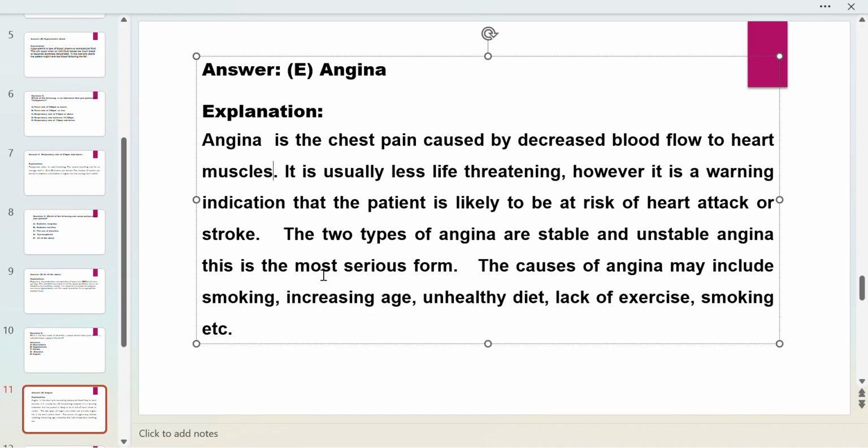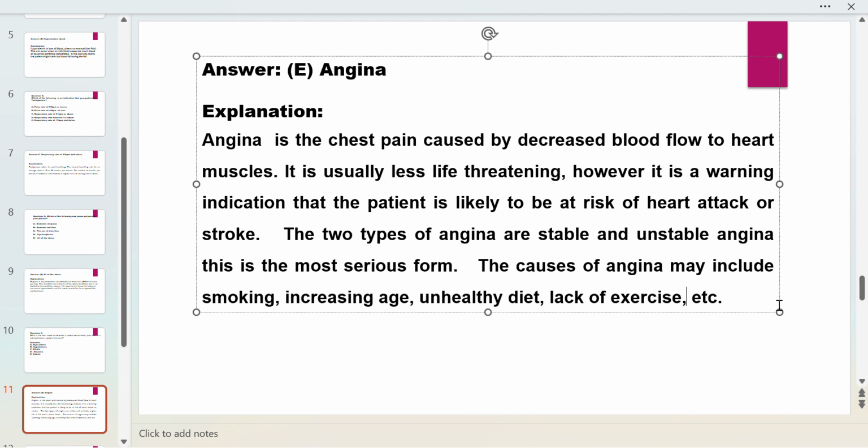Unstable angina is the most serious form. The causes of angina may include smoking, increasing age, unhealthy diet, lack of exercise, smoking. So, she's put smoking twice. So, smoking, increasing age, unhealthy diet and lack of exercise.